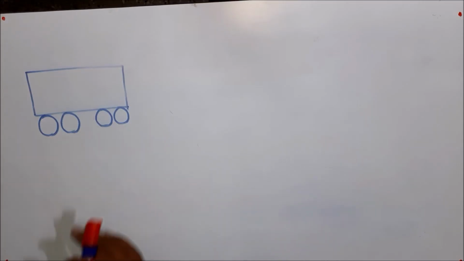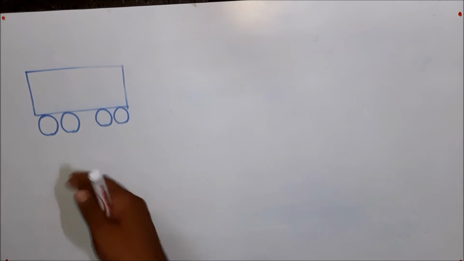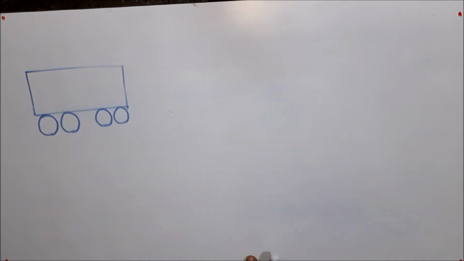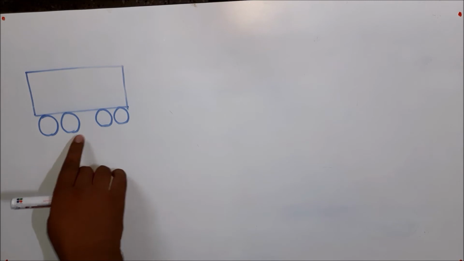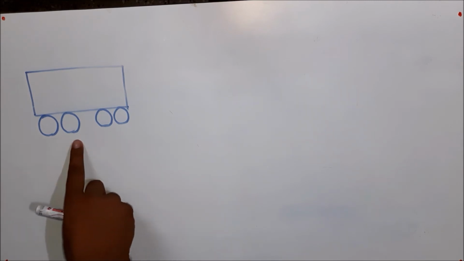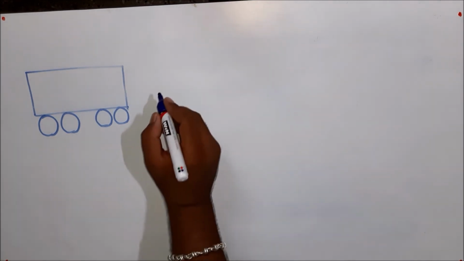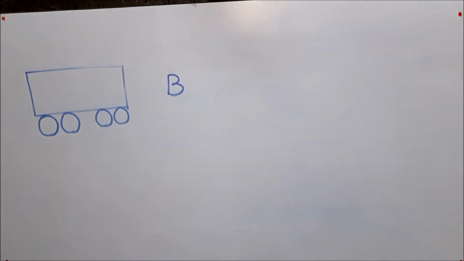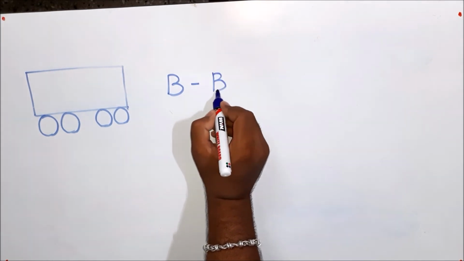In this example, it is very clear that this is the side view of a train or locomotive. From this side I can see 4 wheels, and on the other side another 4 wheels. So a total of 8 wheels mounted over 4 axles, right? And we can see there is no connection between the wheels, and all the wheels are solid. The solid circle represents a driving axle. As I told you, 2 driving axles are represented by capital B, and the other 2 driving axles by another B with a hyphen in between.